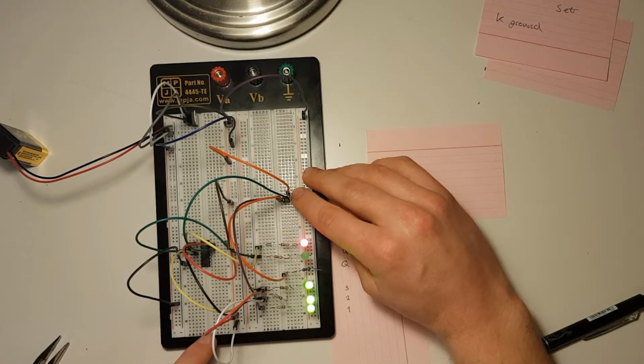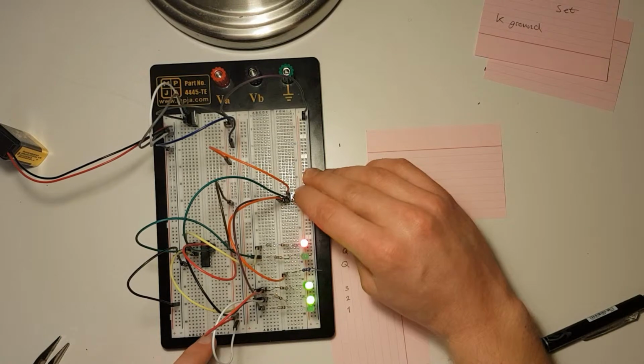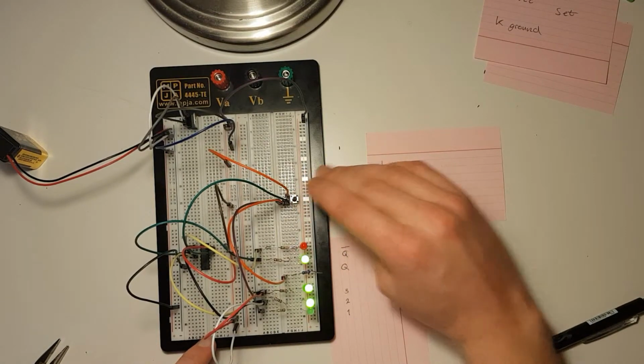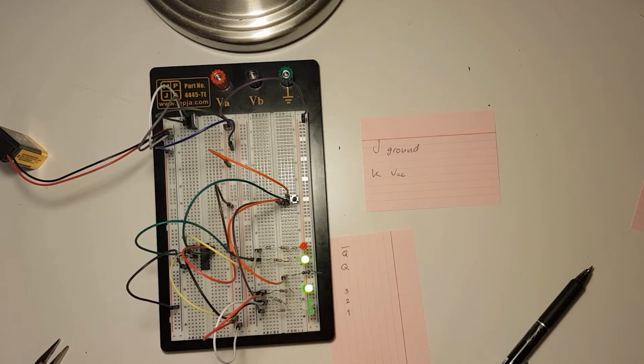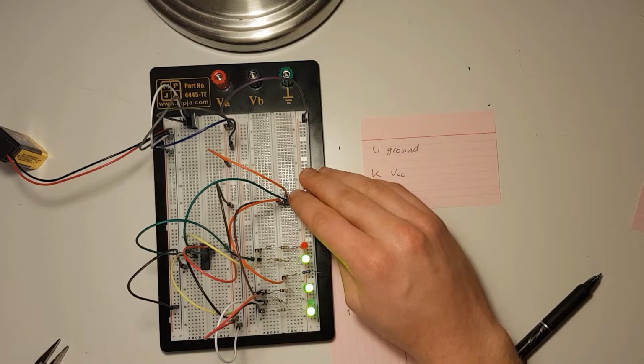The first thing we did was putting both J and K to ground. And what you can see is that it toggles between Q complemented and Q.